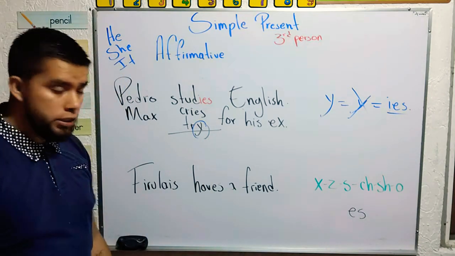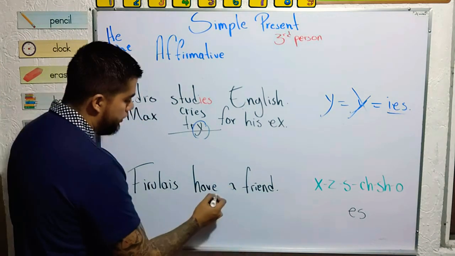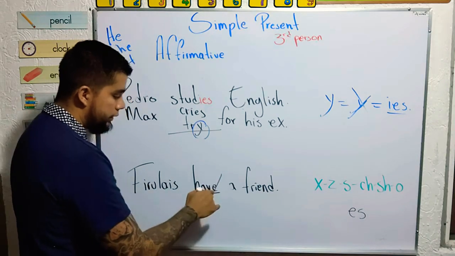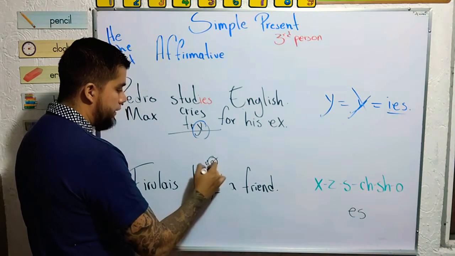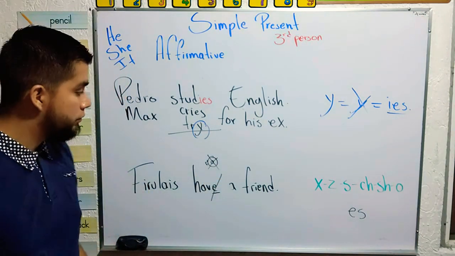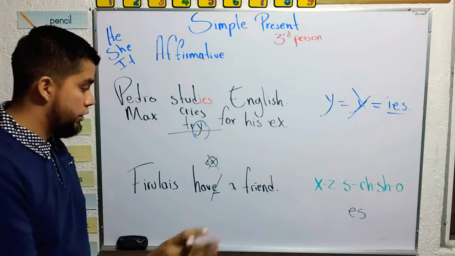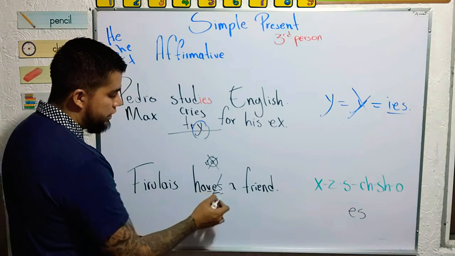Because in English, when you have any word with this letter at the end, it doesn't have any sound. Have, not havey. So if you put the s, you have two consonants.